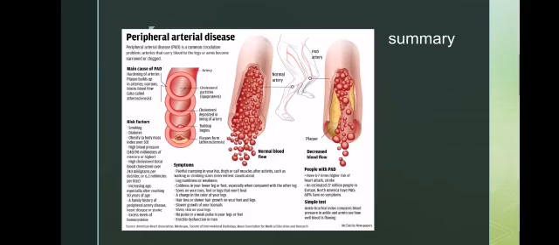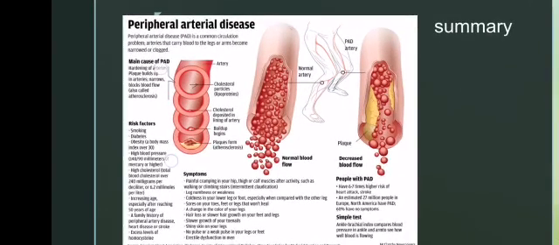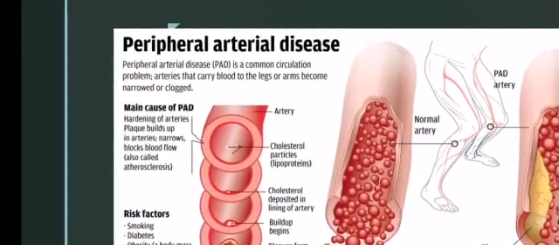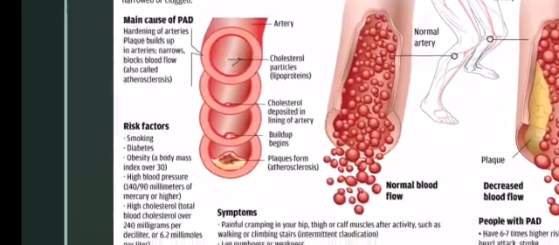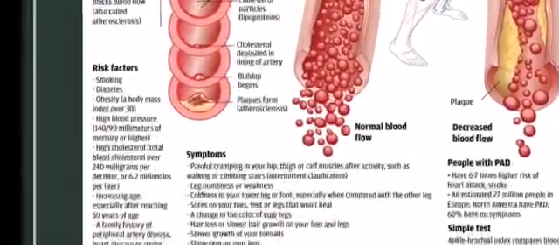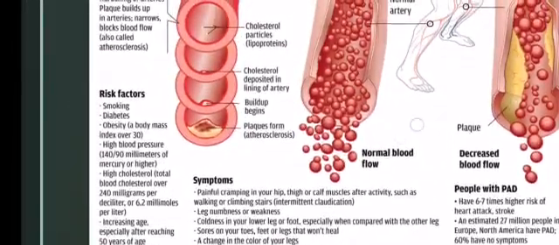In summary, if I have to describe what is peripheral artery disease, it is a circulation problem in which the arteries carrying blood to the legs, or even upper limb, can be narrowed and blocked. You can see here that the lumen is quite all right, but as atherosclerosis develops, lipids get deposited in the arteries and the lumen gradually narrows down and the blood flow decreases.